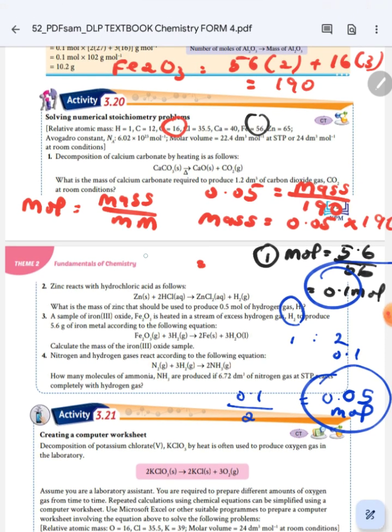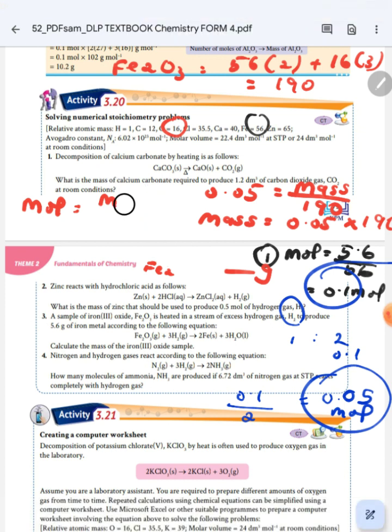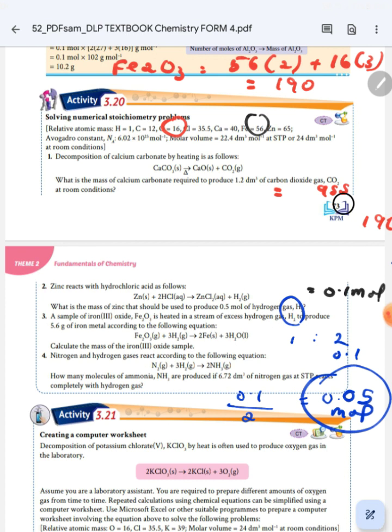So you will get the mass of iron 3 oxide. The unit is gram. I hope you are clear how to calculate this mass. Now let's see question number 4.